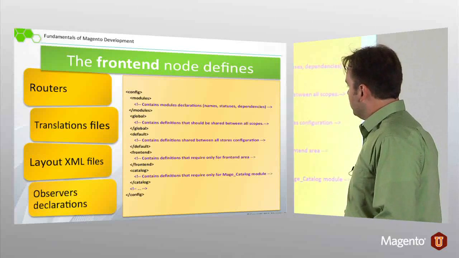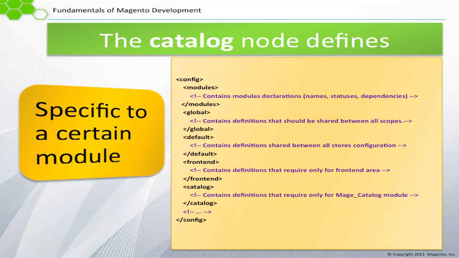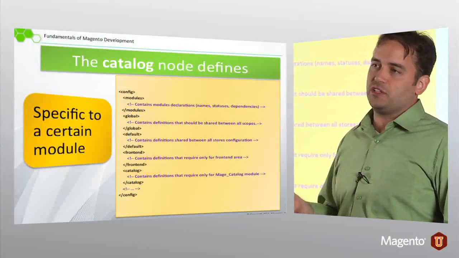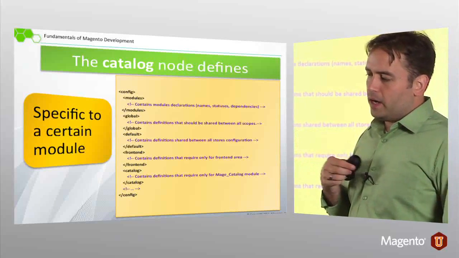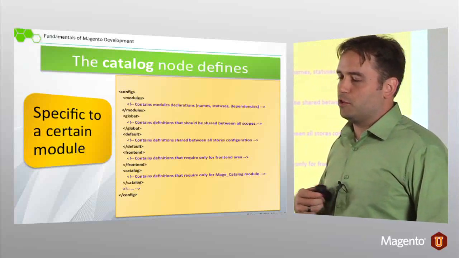So here or here. And then that takes us to something like catalog, which is basically a namespace node up to you. If you have your own module, you could put your module here and have some basic configuration there. That would be a great way to have some default configuration for your module. When you hand out your module, you can specify something here, and then have a class that just uses Magento's configuration parsing ability to retrieve those values.